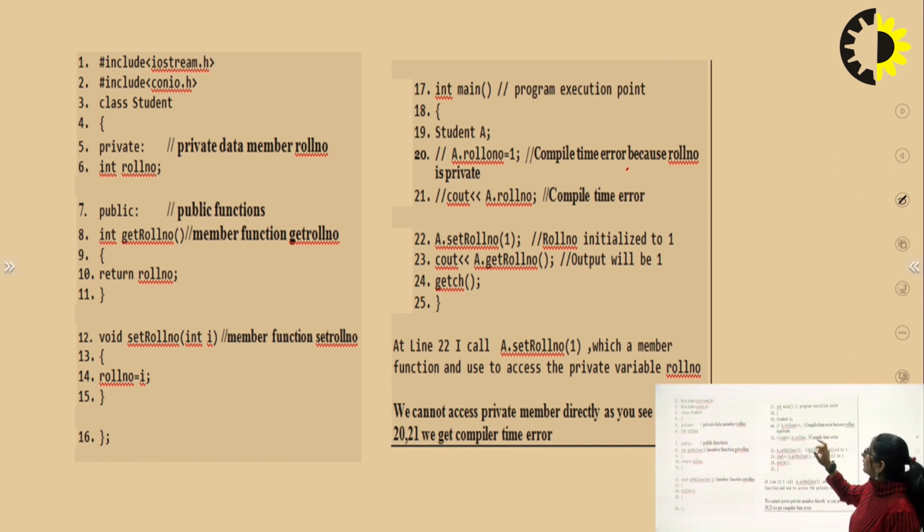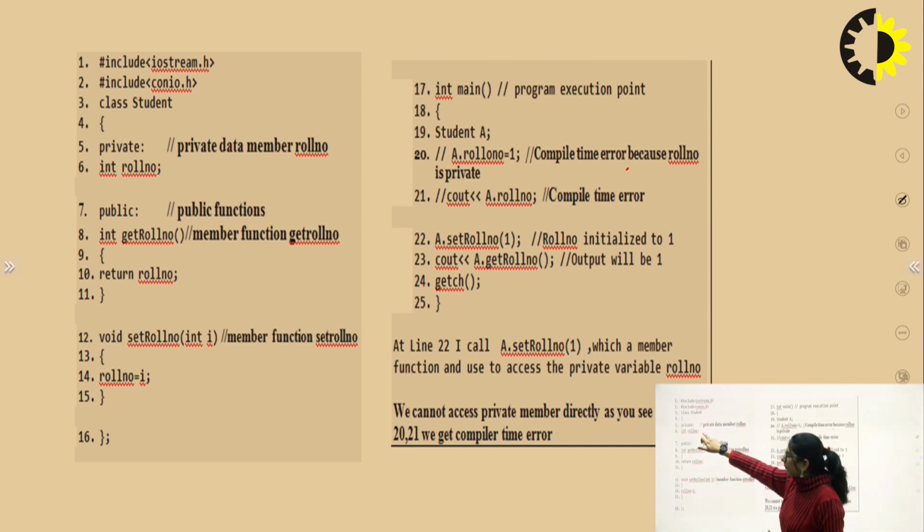It will definitely give an error, because a private data member will not be accessible outside the class. But a private data member will be accessible inside the member function. For example, in the get roll number function and the set roll number function, these are the two member functions of the class, and it is a data member of the class. So we can access it inside the function, right?